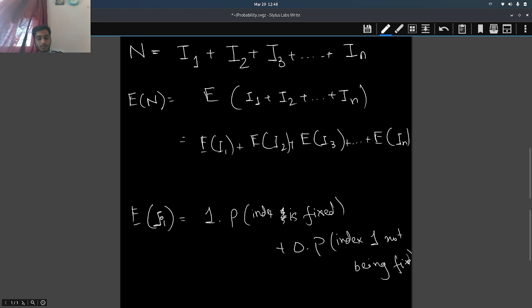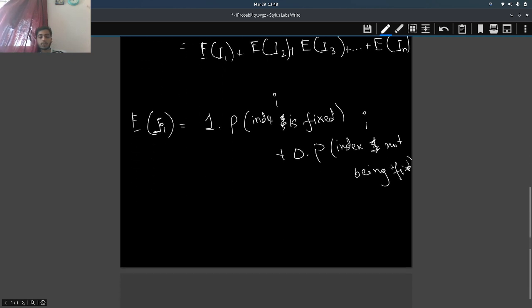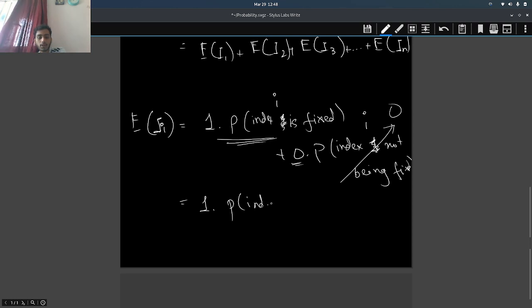Let's generalize it for an i. The part with 0 is anyway 0 because we are multiplying it by 0, and the other part will be 1 into the probability that index i is fixed. So that is what we need to find out. How exactly can we find that out?